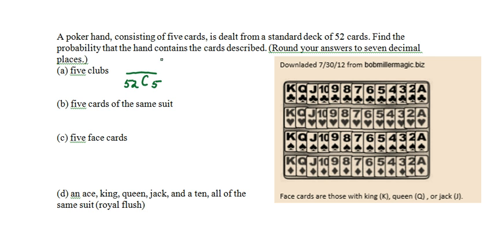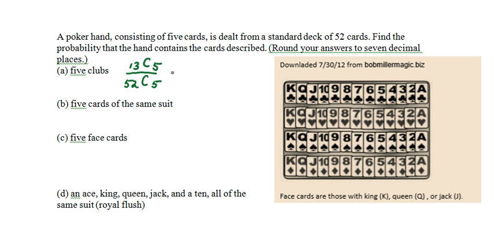And the number of ways that there can be 5 clubs this time would be 13C5, since there are 13 clubs, and the success would be that we have to have all 5 cards clubs.